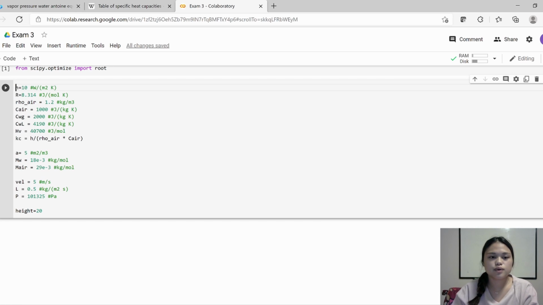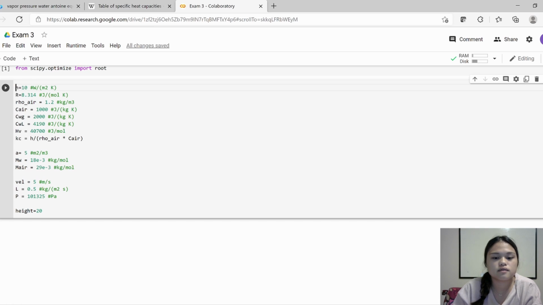And then, so now we also have a packing material in our column, and we want to know how much specific area is going to be supplied to this column. And so this is just that specific area. And then we have the molecular weights of air and for water. You can just look these up as well, but off the top of my head, I know water is 18 grams per mole, so just converting it to kilograms, multiply that by 10 to the negative 3.